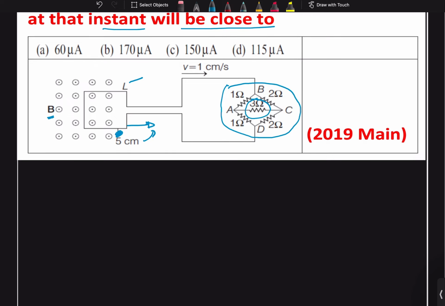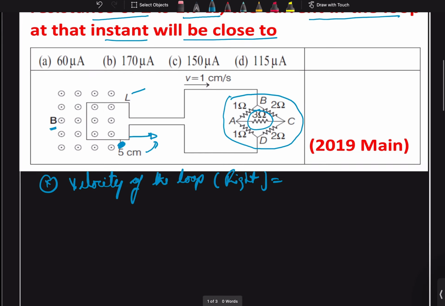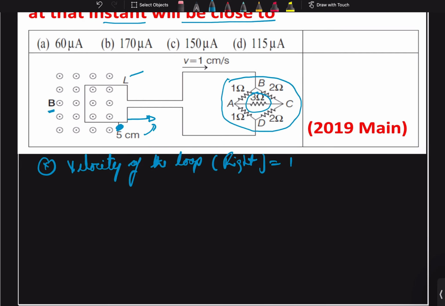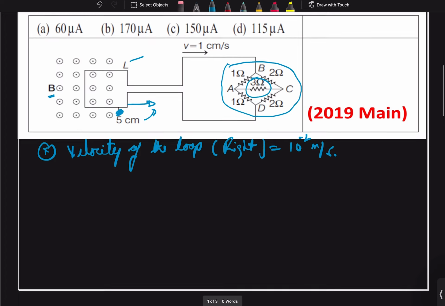First of all, let's write the given information. We start with the velocity. Velocity of the loop, and please keep in mind it is towards right, is 1 centimeter per second, so 10 to the power minus 2 meter per second.